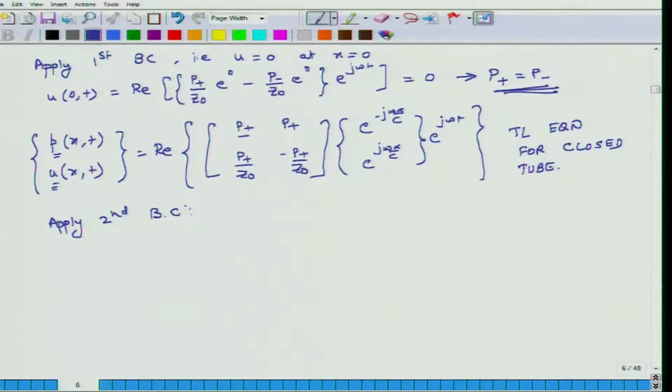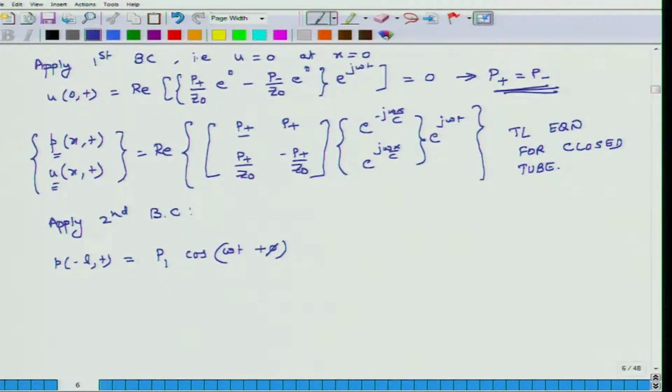And what is the second boundary condition? It is that P of minus L and t equals P1 cosine omega t plus phi.